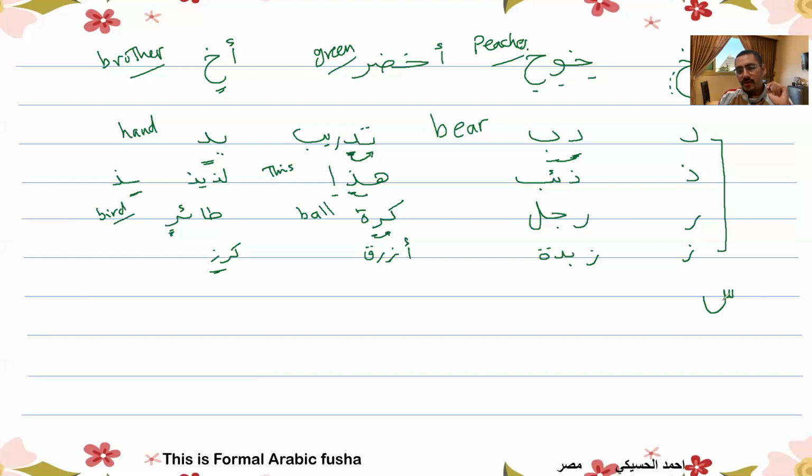This is isolated. But in the first, we only write this, as in صيف, summer, a name of a girl, and سمك, samak, fishes.